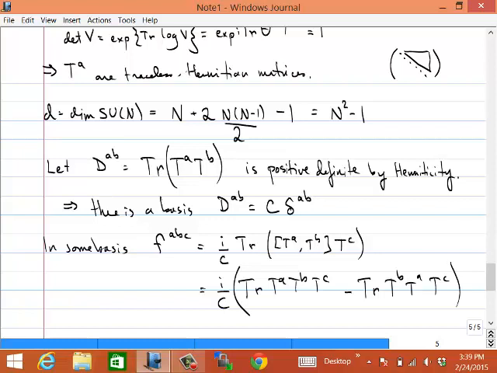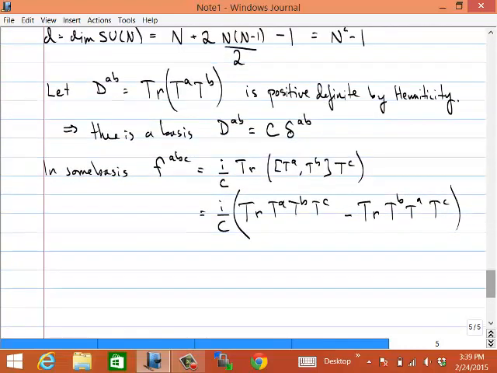And you can now use the fact that the trace is cyclic to think about this as the sum over all orderings of the operators T^A, T^B, and T^C, times the sign of the ordering. So I guess you would call that the sign of the permutation sigma of T^sigma(A), T^sigma(B), T^sigma(C).